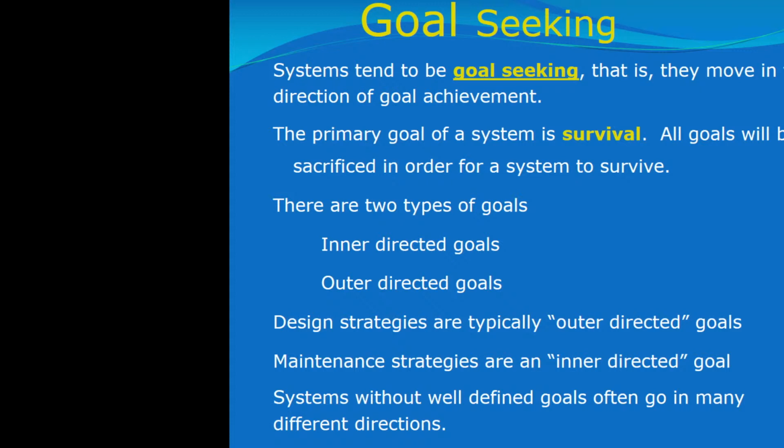There are two types of goals: inner directed goals and outer directed goals. As usual, design strategies are typically outer directed goals. Maintenance strategies are inner directed goals. Systems without well-defined goals often go in many different directions.